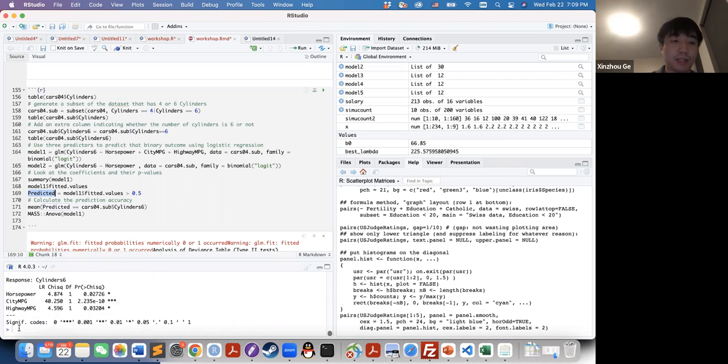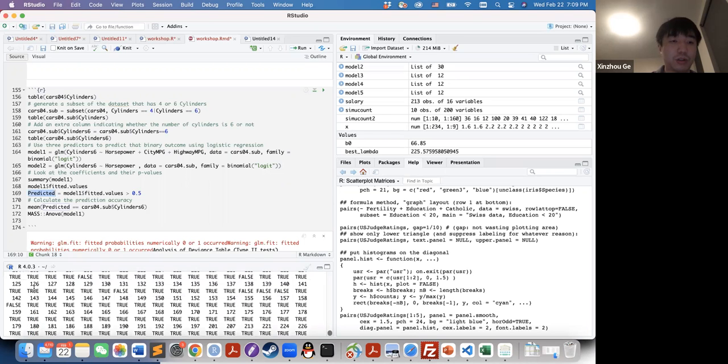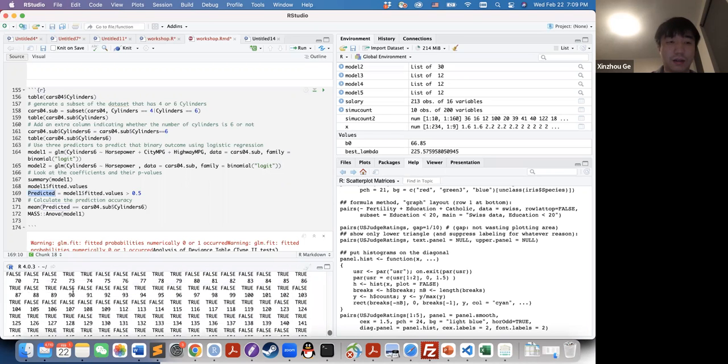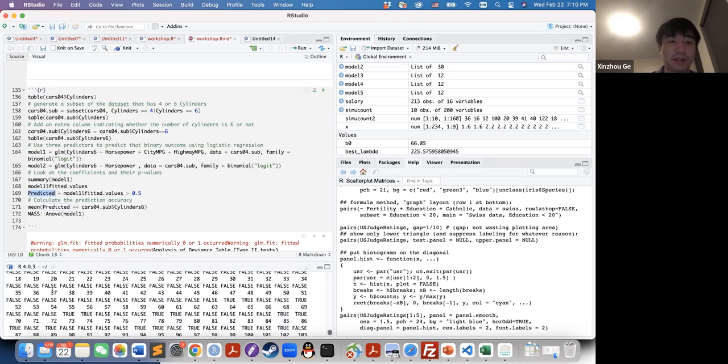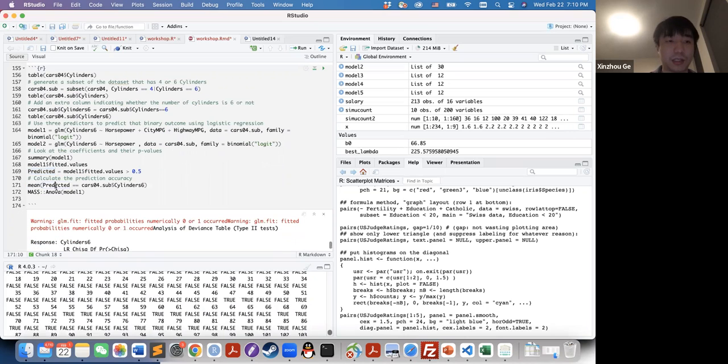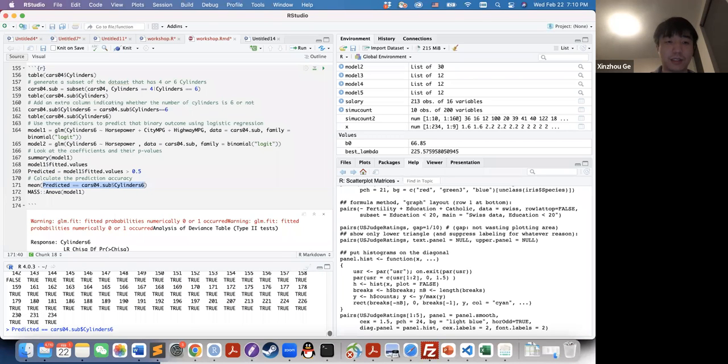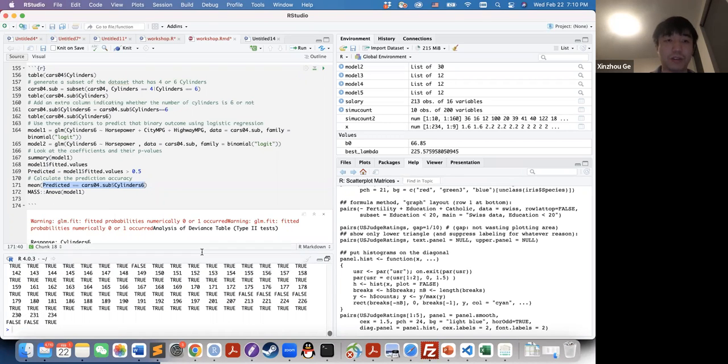If we look at this predictor variable, there will be all true or false values. True means that we predict this car to be 6 cylinders, and false means that we predict it to be 4 cylinders. And then we compare this with the original, true cylinder vector, which will also be a true or false vector.